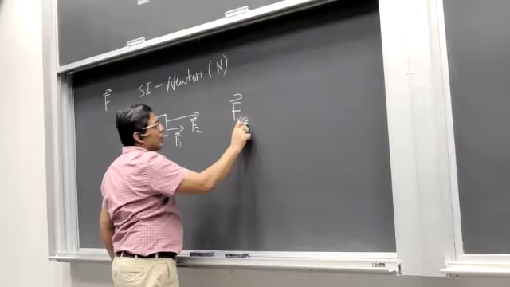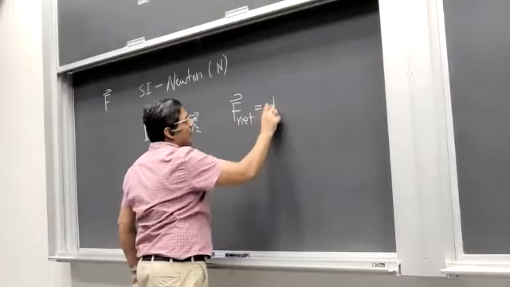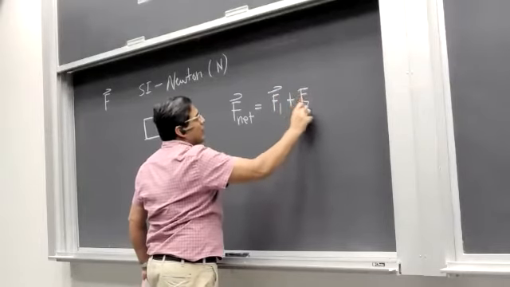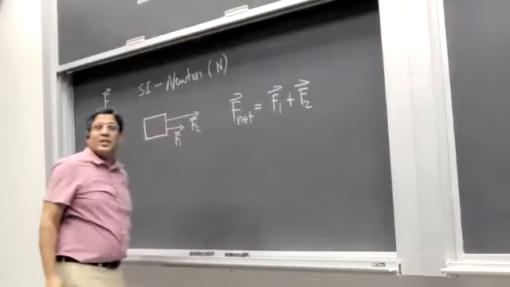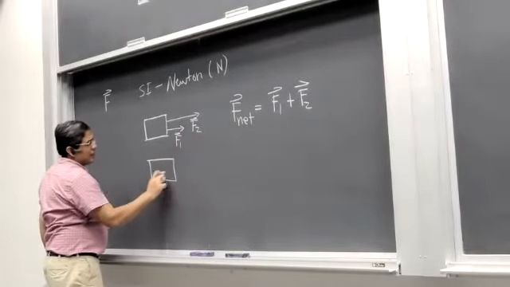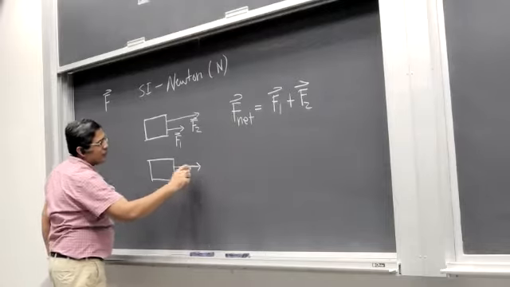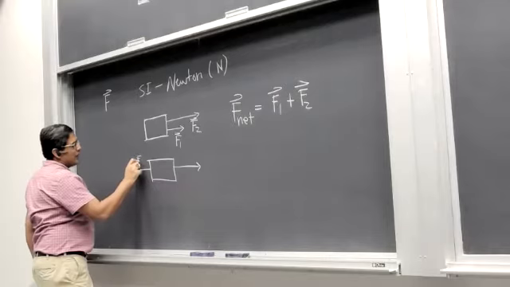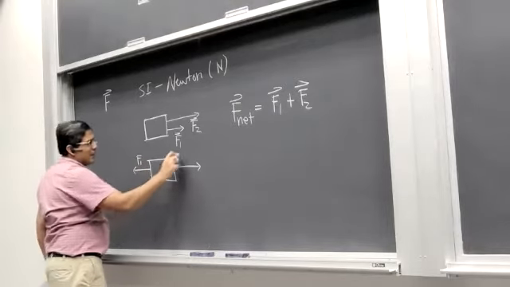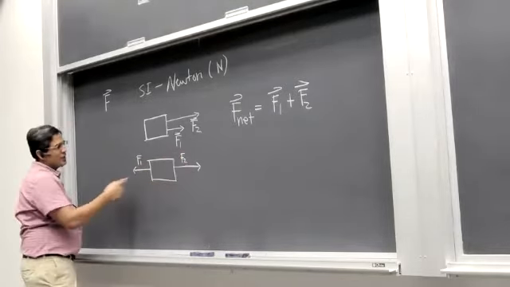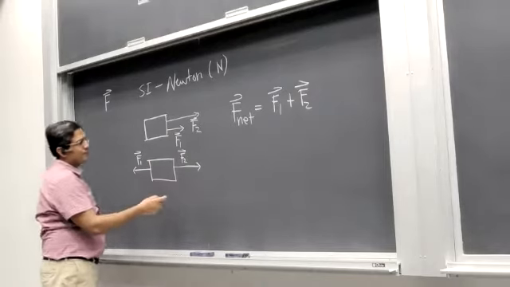F net, the total force acting on an object, is a simple linear sum of all the forces acting on it, irrespective of which direction. So if you have this situation that you're pulling with some force in this direction and you're pulling on the object with some force in this direction, for example, if the magnitude of the two forces is the same and the direction is opposite, there would be no motion and the net force would be zero.